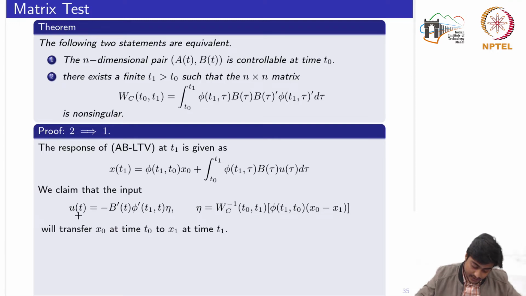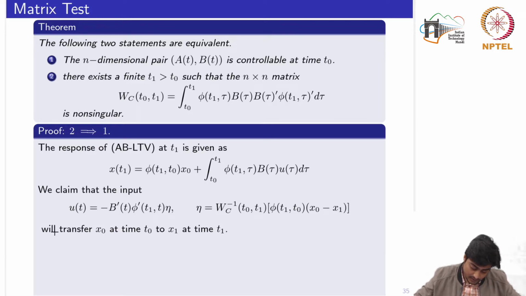Here eta is specifically given by this. When we had specified this u, we had taken some arbitrary vector eta. Now here we have specified eta to be this one. First recall that controllability says that starting from x0 we want to reach some finite x1 value.